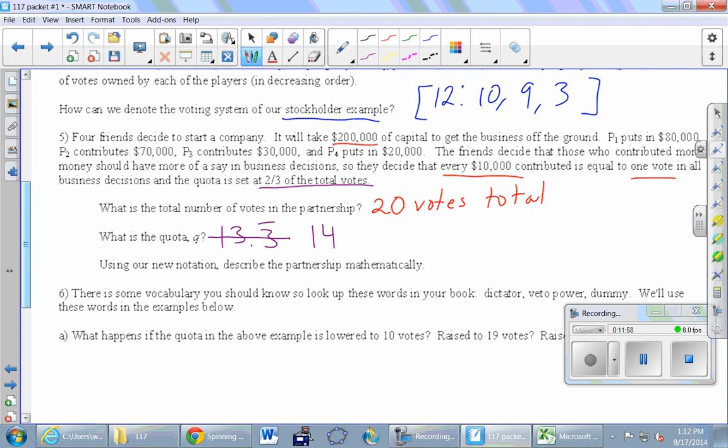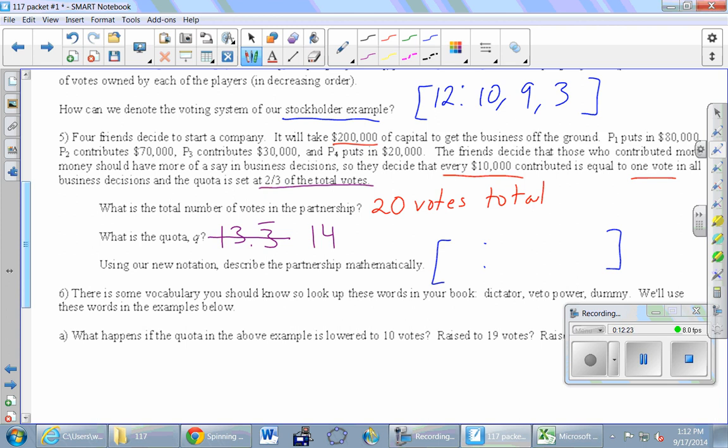And then the last part says use the new notation to describe this partnership mathematically. So again, square brackets, some number and then a colon. What word describes that very first number? That's the quota.